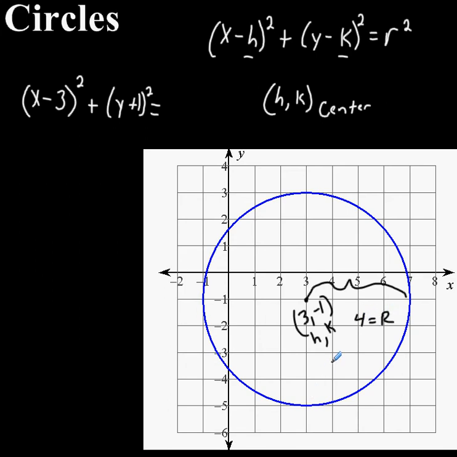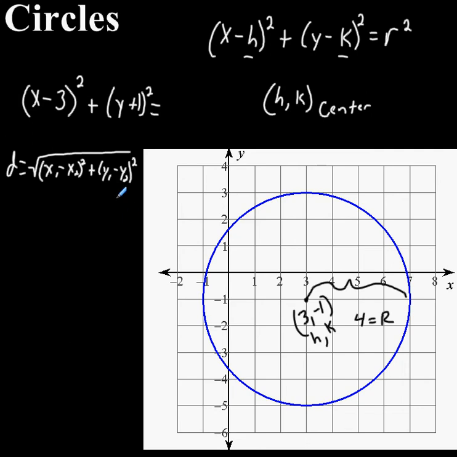Now the other method is using the distance formula. So I want to show you what the distance formula is. Distance is equal to the square root of (x sub 1 minus x sub 2) squared plus (y sub 1 minus y sub 2) squared.